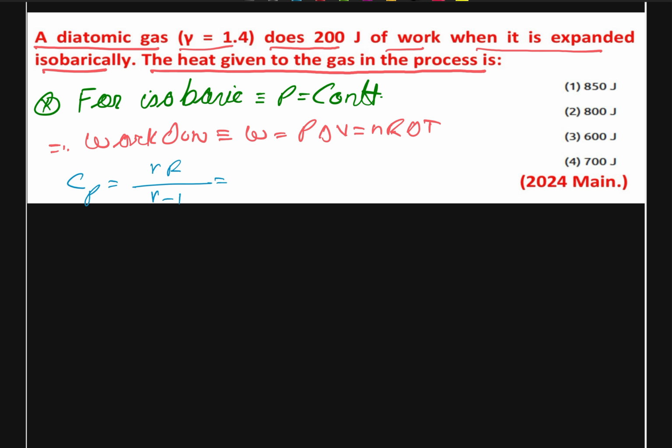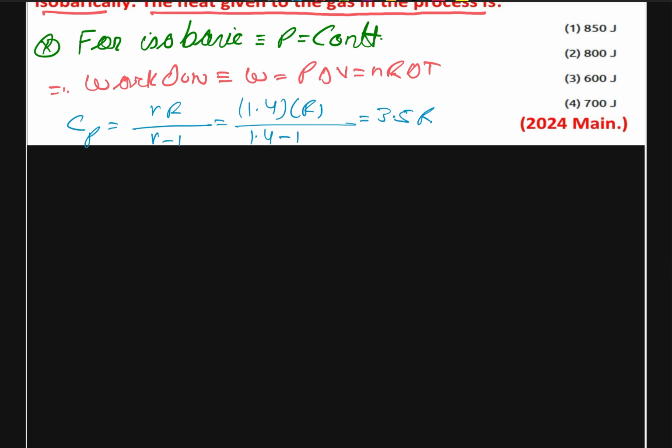Gamma is given to us, that is our 1.4 times R, and this comes as 1.4 minus 1, which gives us 0.4, and this will be 3.5 times R. Therefore, we can say that our work done is given to us.